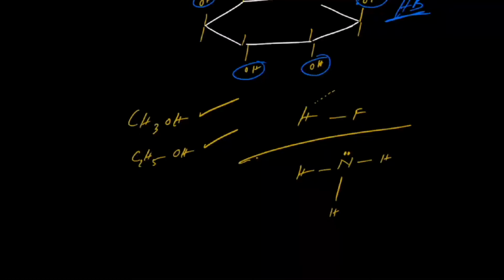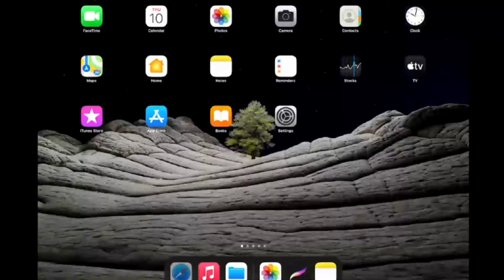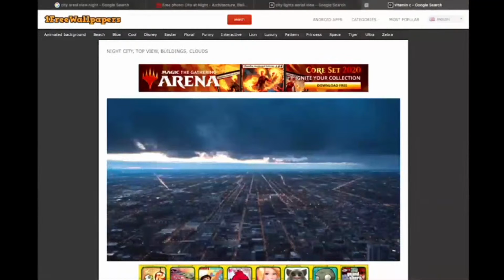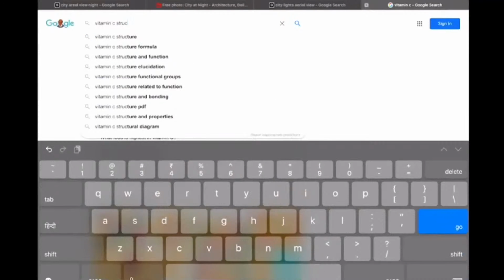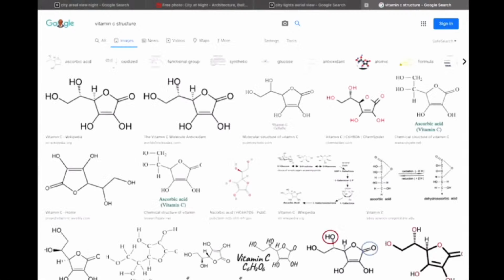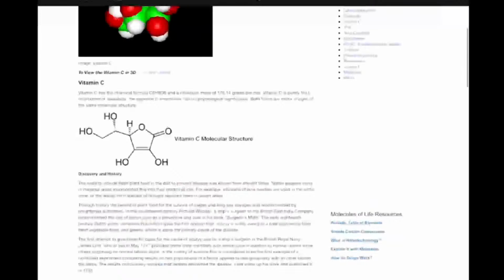Okay, and if you look at the structures of certain things, let me show you what I'm talking about. Suppose you look at the structure of vitamin C. This is the structure of vitamin C. On any website you can see.